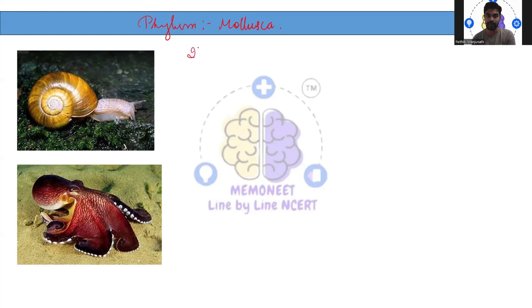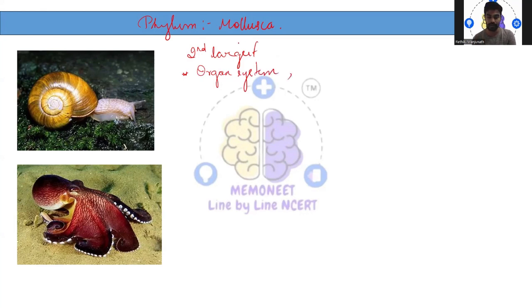They are called the second largest phylum in the animal kingdom. They are both terrestrial as well as aquatic, and they live in marine as well as freshwater. These are the general characteristics. The level of organization is organ system.